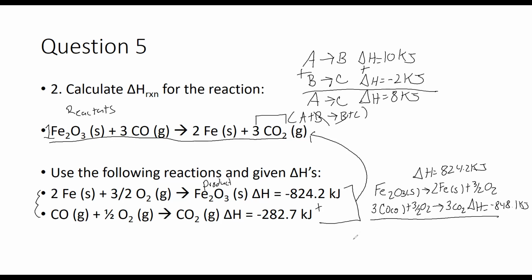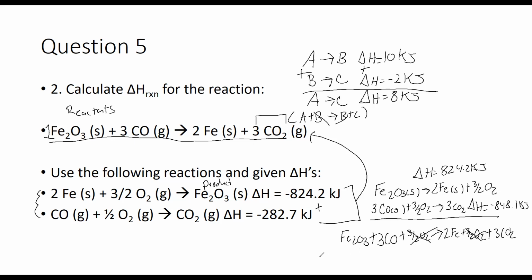You keep all your reactants together on the same side: Fe2O3 plus 3CO plus 3/2 O2 goes to, then you keep your products on the same side, 2Fe plus 3/2 O2 plus 3CO2. You check to see if there are any elements that are the same on both sides of the equation. And we do, we have O2. They have the same number of moles, so they cancel out completely. If it's on both sides of the arrow, then they destroy each other.